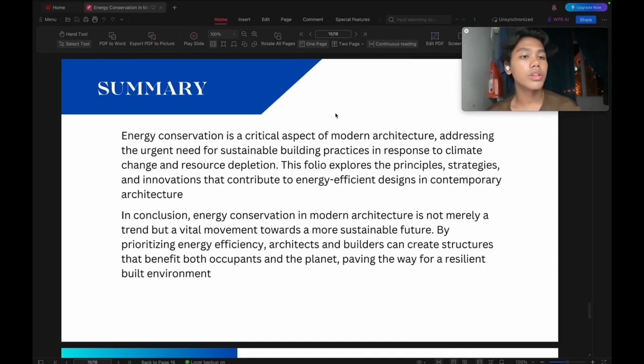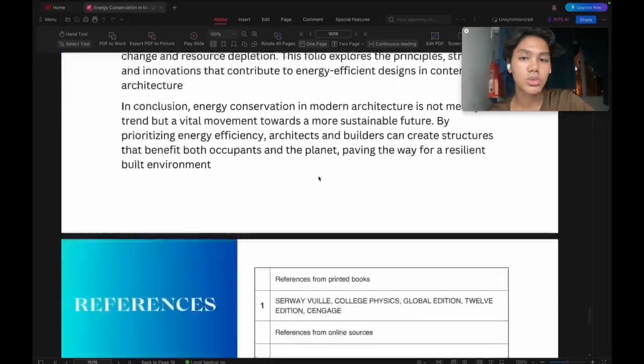These efforts not only reduce operational costs but also contribute to a lower carbon footprint, making modern architecture a key contributor to global environmental goals. The future of building design lies in balancing aesthetics, functionality, and sustainability to ensure a more energy conscious world.